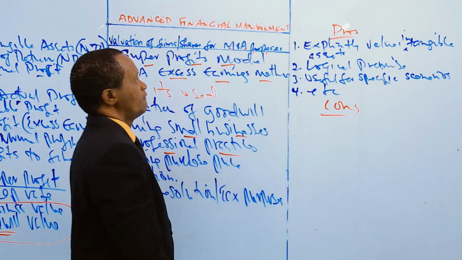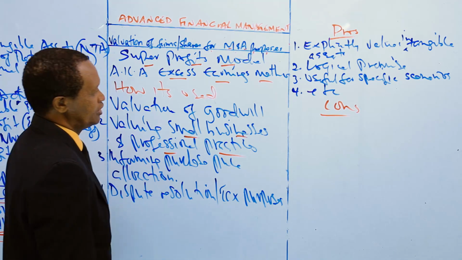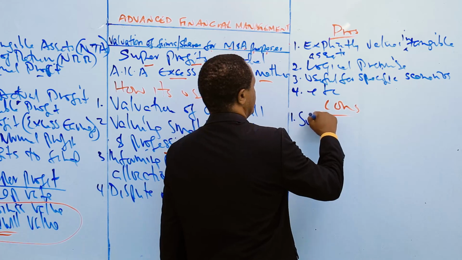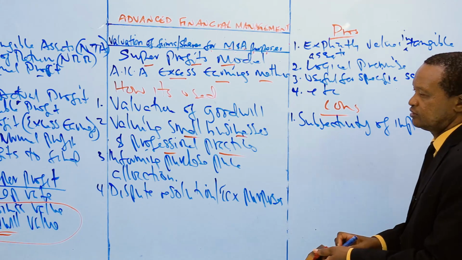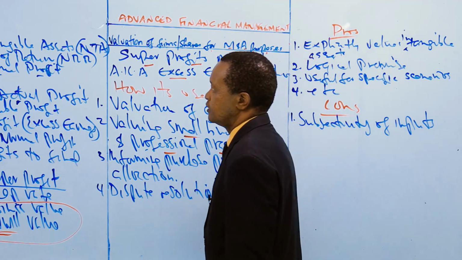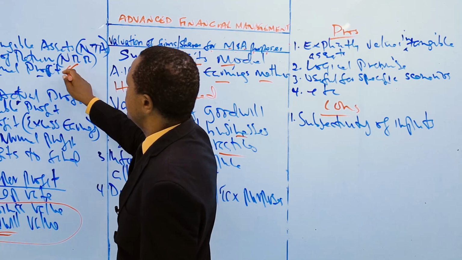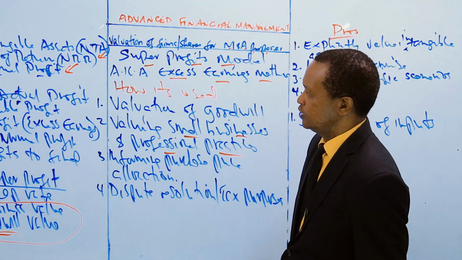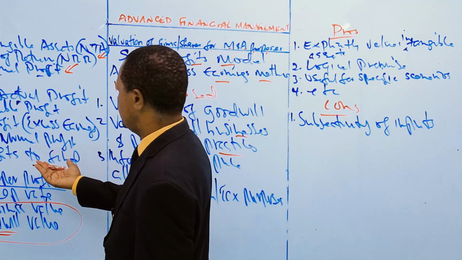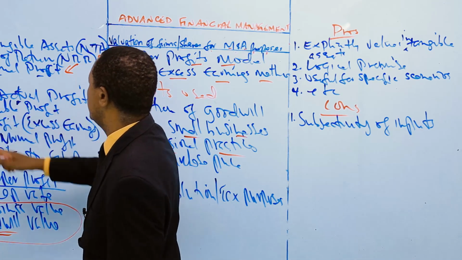What are the limitations of the super profits model? The first limitation is subjectivity of inputs. If I was to take you back to the calculation, we have some inputs that could be subjective, like the normal profits, the normal rate of return. There was an average, we did have some average actual profit.